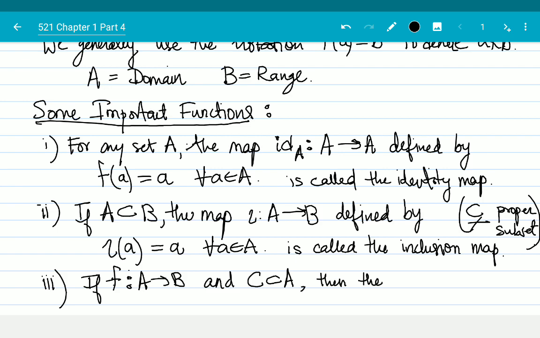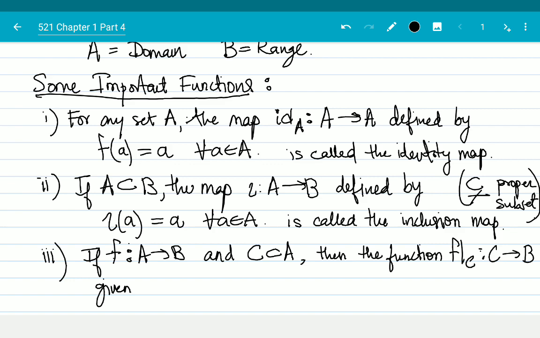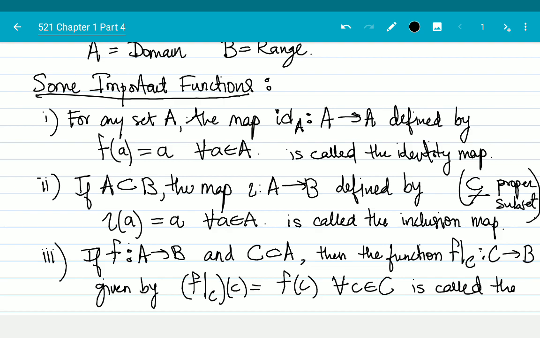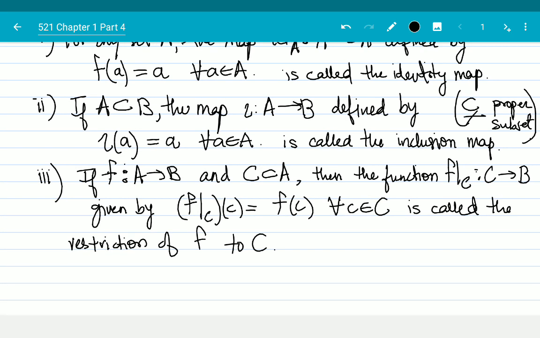Then the function f restricted to C, from C to B, given by f restricted to C of c is equal to f of c for every c in C, is called the restriction of f to C. Okay.